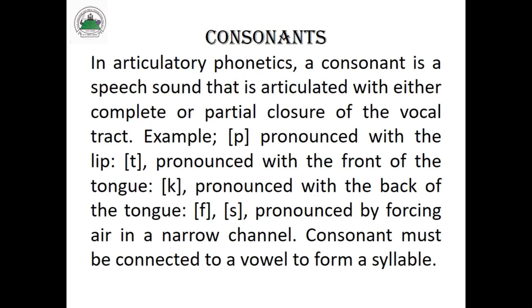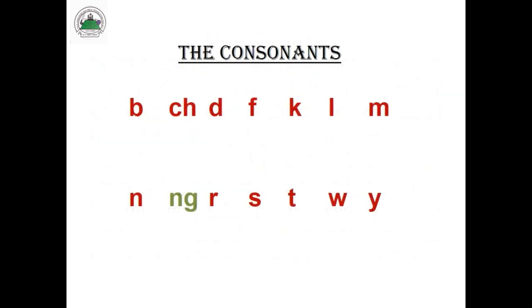We have K, which is also pronounced with the back of the tongue, and we have F and S, pronounced by forcing air in a narrow channel. So consonants must be connected to a vowel to form a syllable. And like we said, when pronouncing it, you have either a partial or complete closure of the vocal tract.